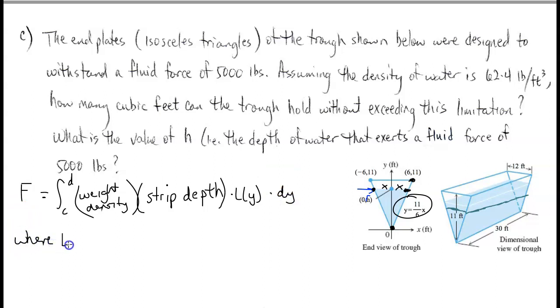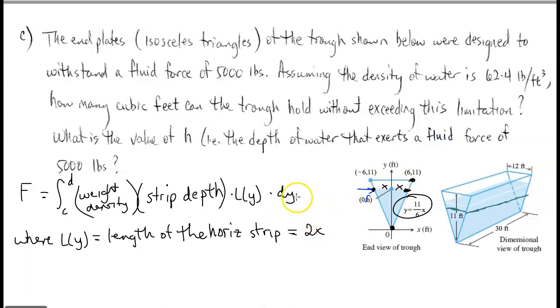And where your L sub y is going to be the length of the horizontal strip in this case. And we already know from what we saw up here that that length is going to be 2x. We just need to be able to define 2x in terms of y here.